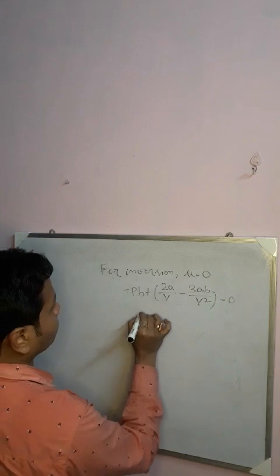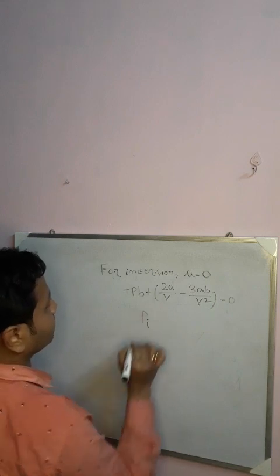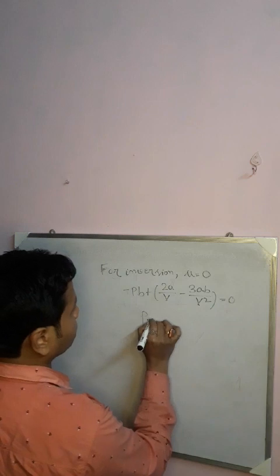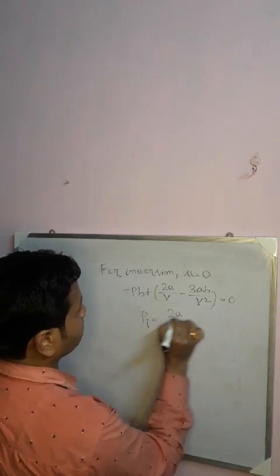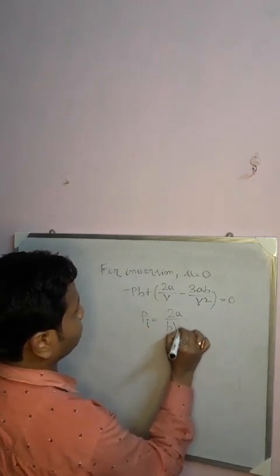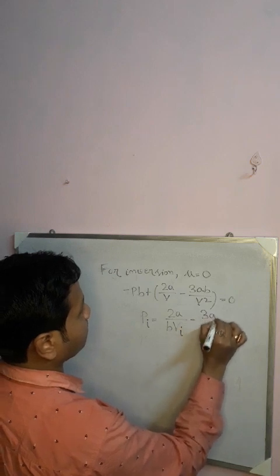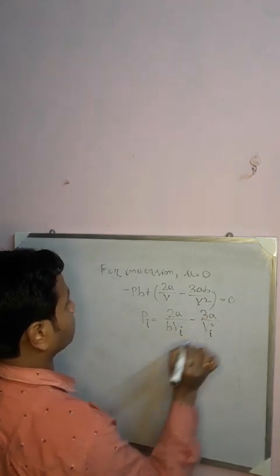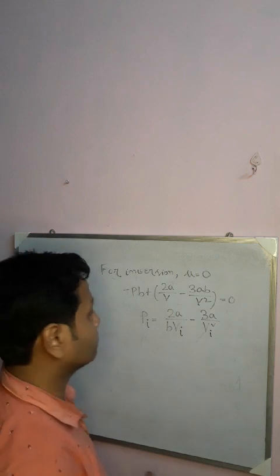From which, with Pi as the inversion pressure, we get Pi equals 2a by b Vi minus 3a by Vi square, where Pi and Vi denote the inversion pressure and the inversion volume.